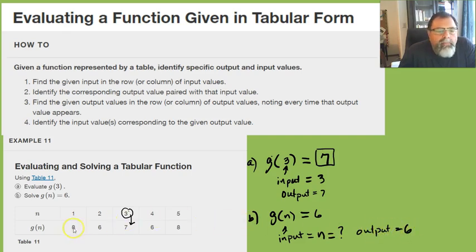So we look on the bottom row of the output table. Here's 6. Oh, there's 2. There's that answer. Here's 6. There's that answer. So we have two answers. So n is equal to 2 or 4. Okay, so you get two solutions to that equation.